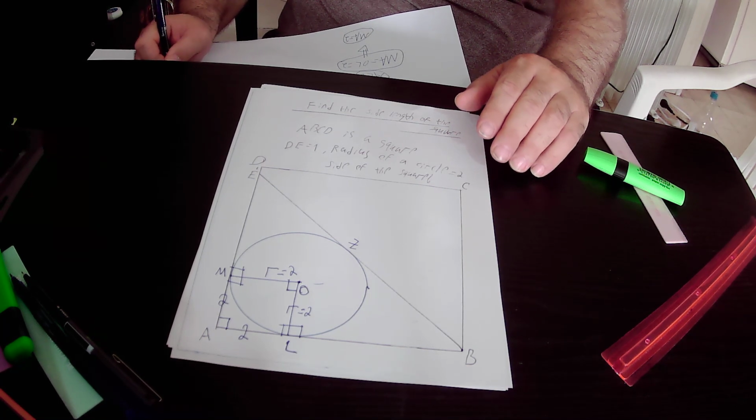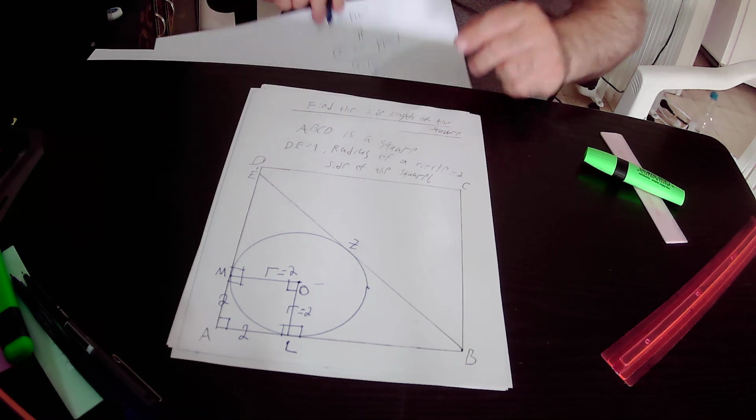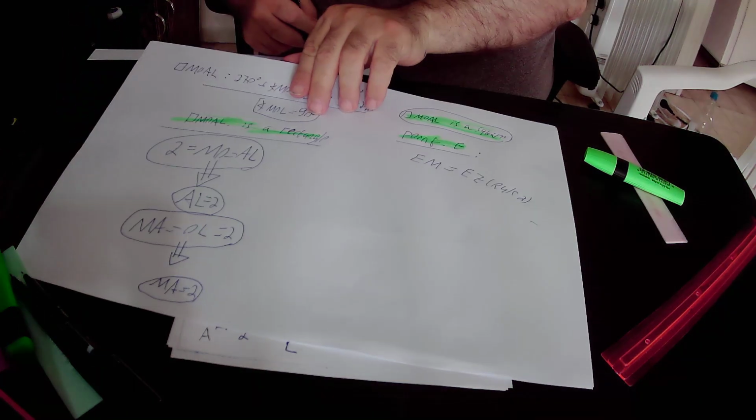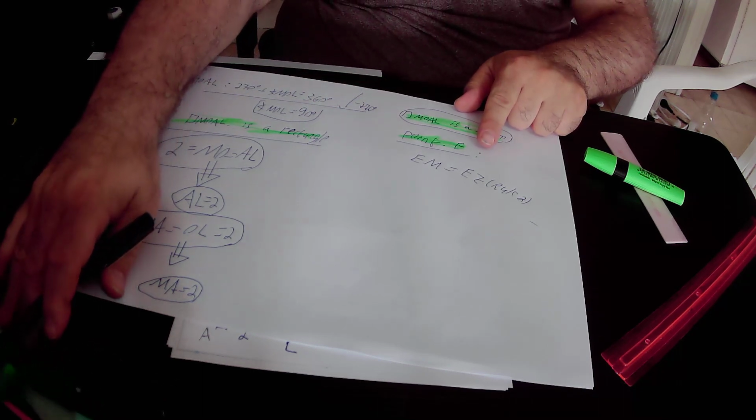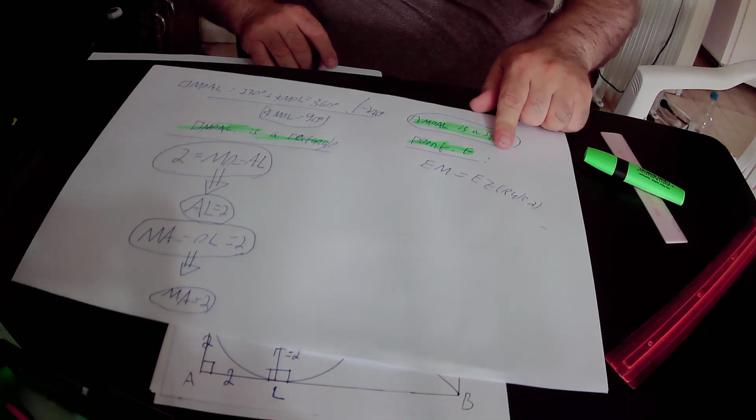And according to rule number 2, the lengths of those two tangents must be equal to each other. So EM equals EZ according to rule number 2.